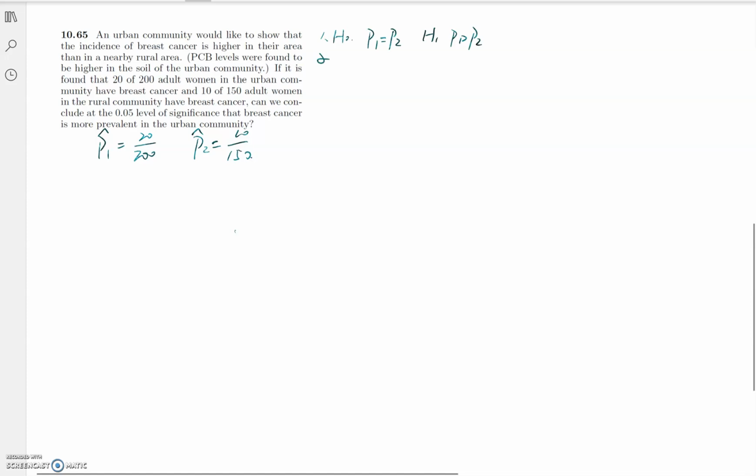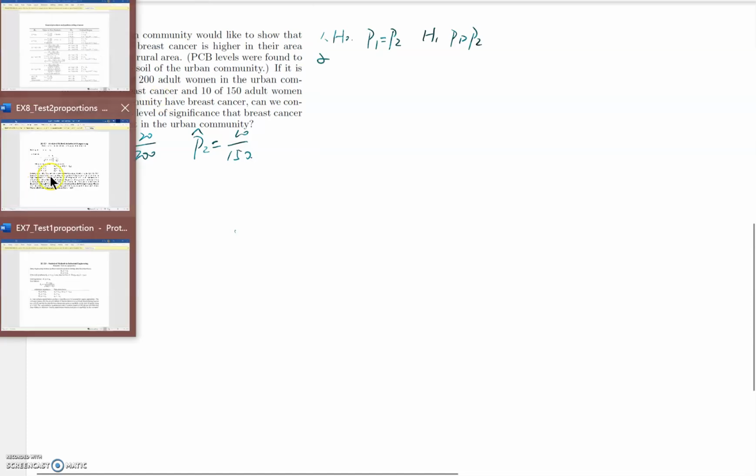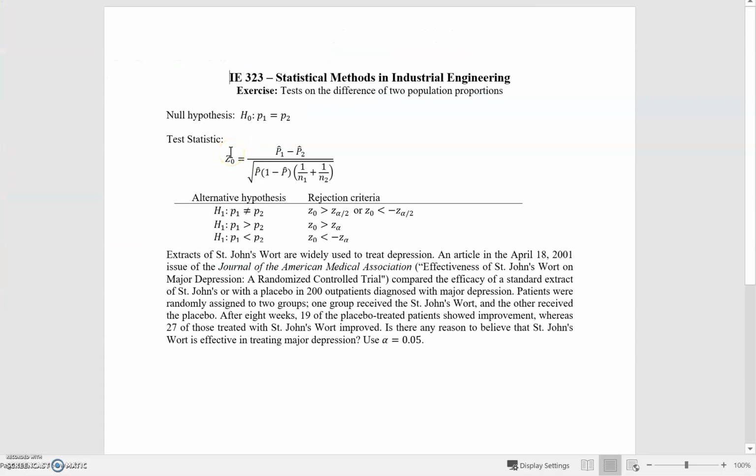Let's take a look at how to solve the problem. Here is the test for the null hypothesis, and this is the rejection criteria we want.